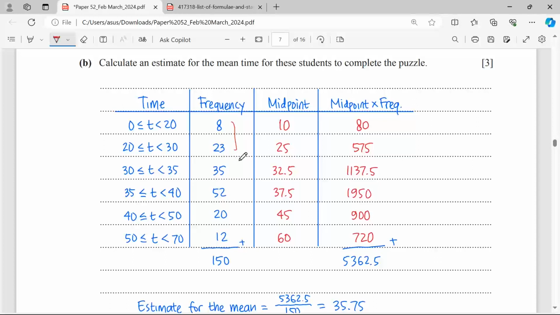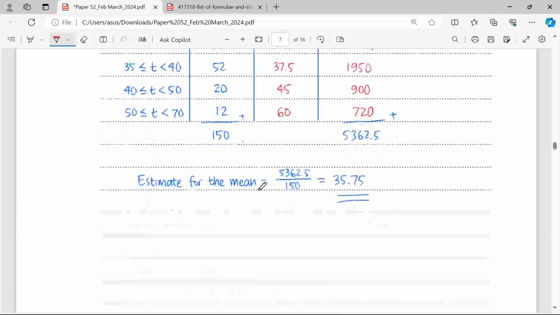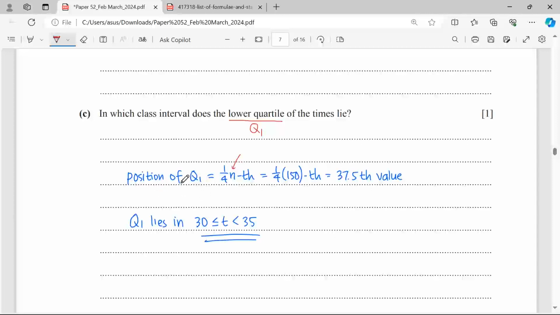If you add again, 31 plus 35, that means 66. Until the 66th value, they are contained in this class interval. So the 37.5th value is contained in this class interval, which means the lower quartile Q1 lies in this class interval. That's how you answer this question.